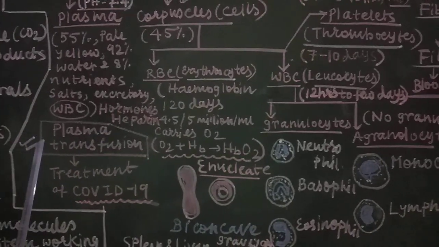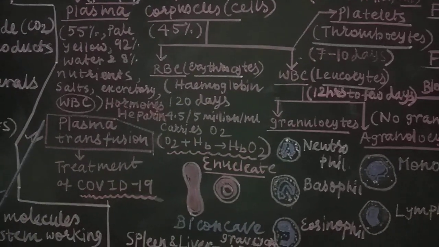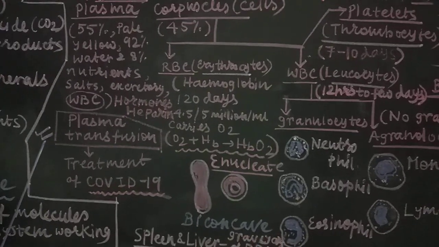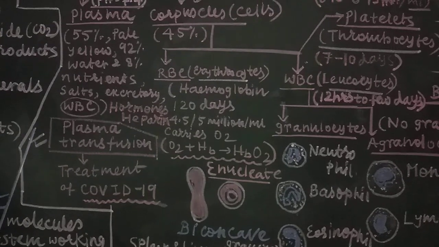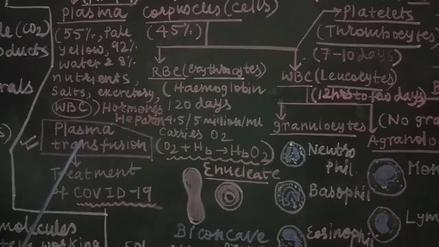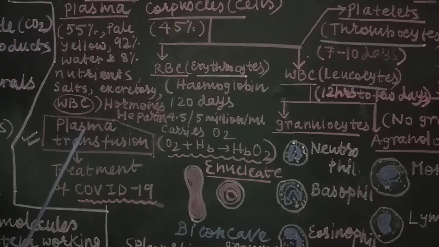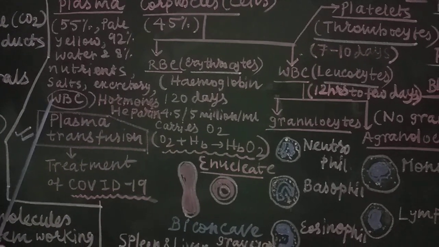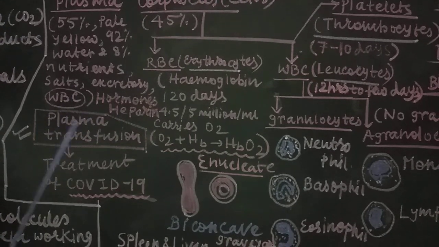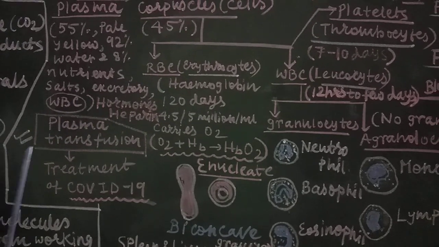This is proved to be the best way to treat COVID-19. From the survivors of COVID-19, this plasma is taken, and after that it is transfused to the persons who are suffering from COVID, so that the WBCs can produce the antibodies to fight against COVID-19.